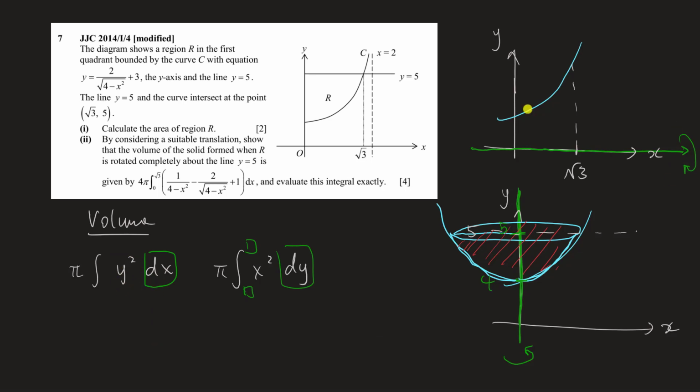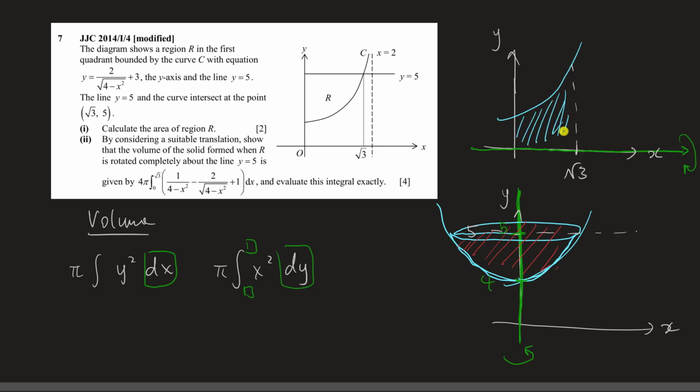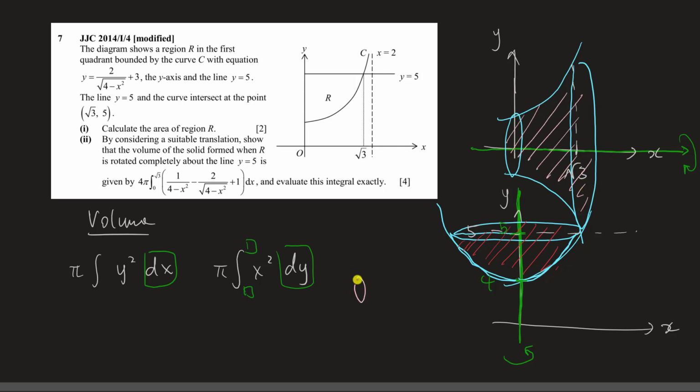Because this is the area we're looking at, what you will get is this shape here, this peach color shape, which looks like a vase that is tilted horizontally. Two different formulas giving you two different volumes, depending on which is your axis of rotation.